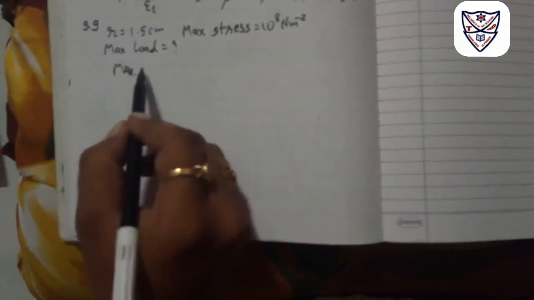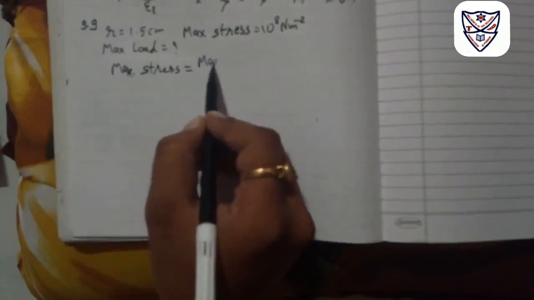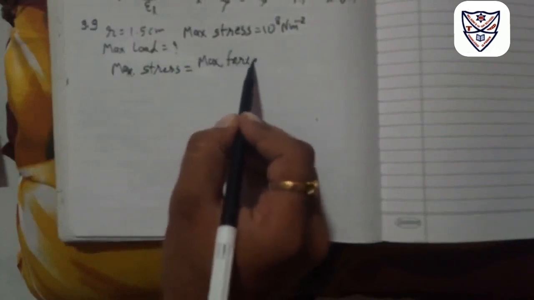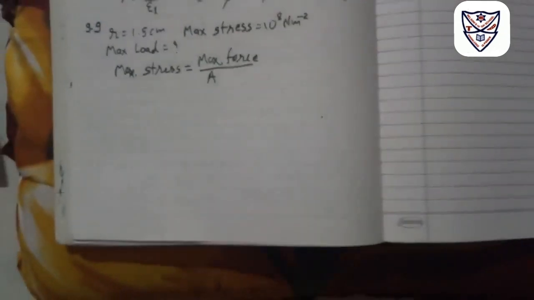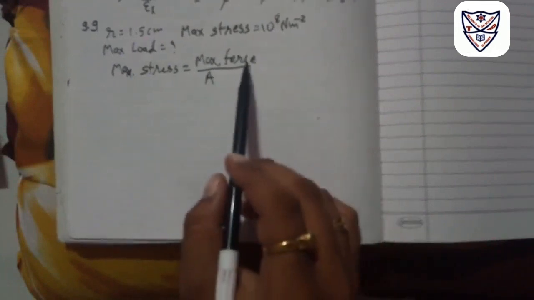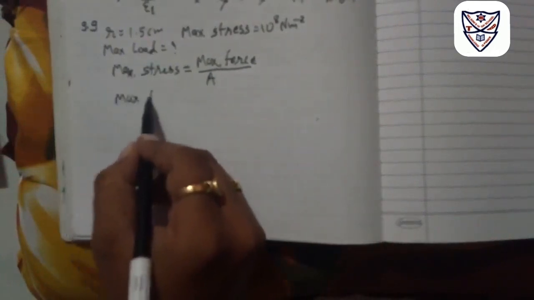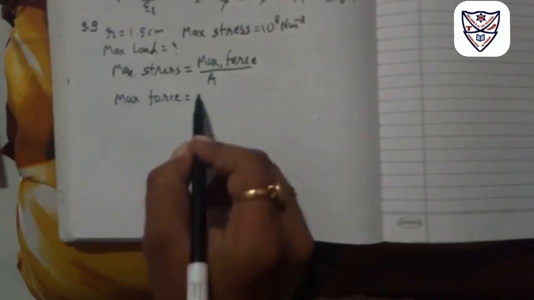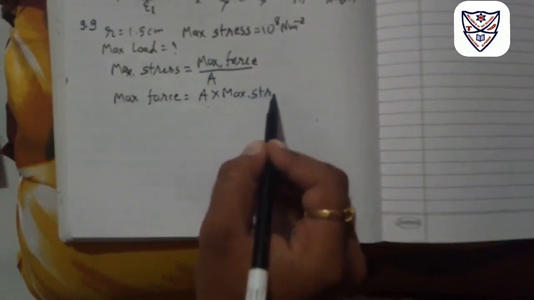The simple formula for that: maximum stress is equal to maximum force upon cross section area. From this equation we have to find that maximum force. Maximum force is in the form of maximum load. So maximum force is equal to area into maximum stress.